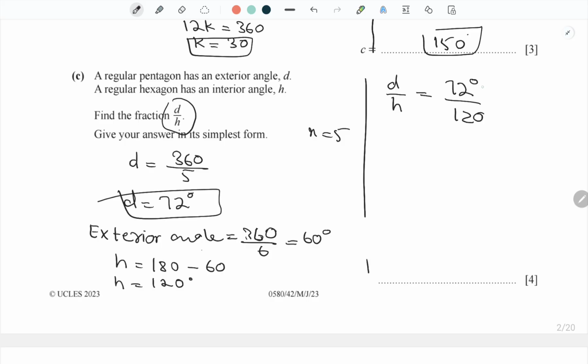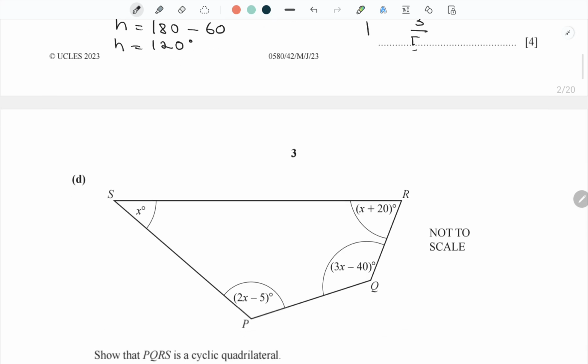So 24 times 3 is 72, and 24 times 5 is 120. So d over h equals 3 over 5. This is the answer. We write 3 over 5 as the answer. I hope this one is clear.